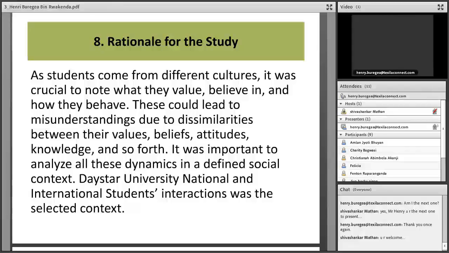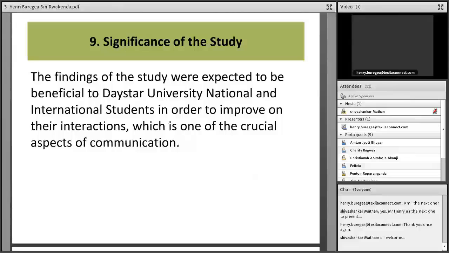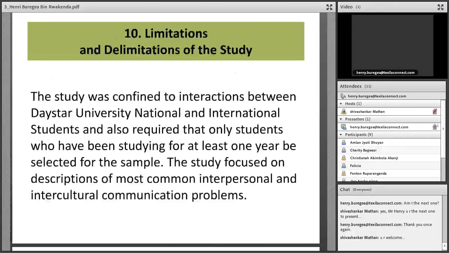So it was important to analyze all these dynamics in a defined social context, which interactions between students provided. The study was significant in that it was supposed to be beneficial to all students, both national and international, in order to improve on their interaction, which is one of the crucial aspects of communication, especially when they are studying together.